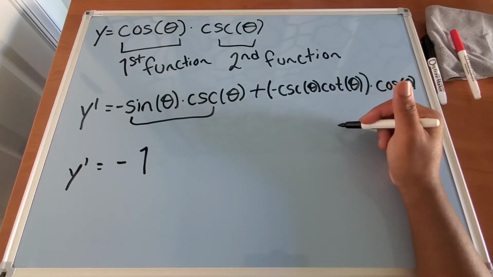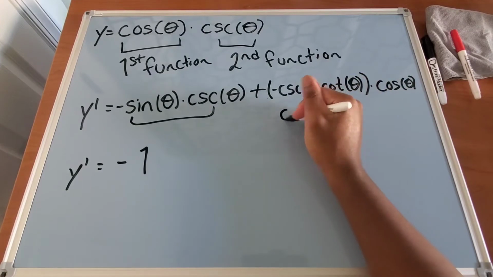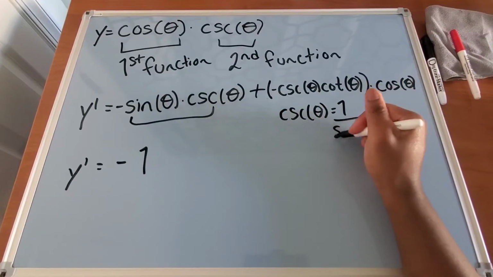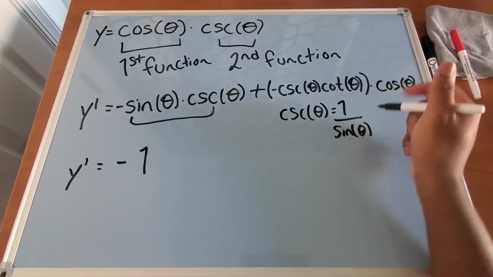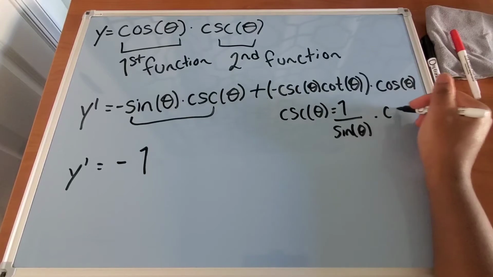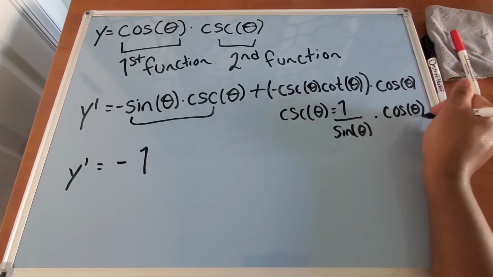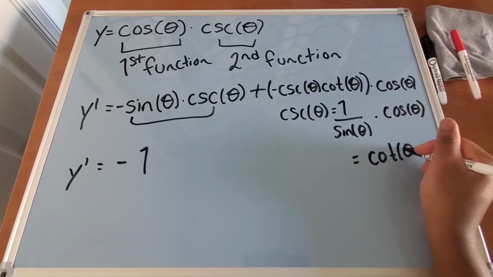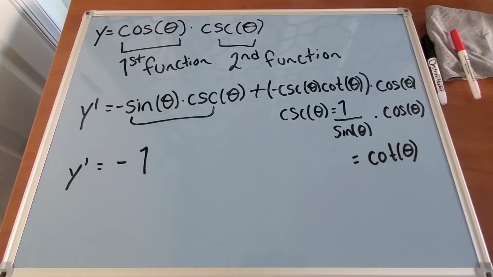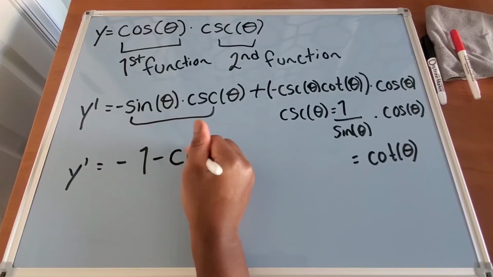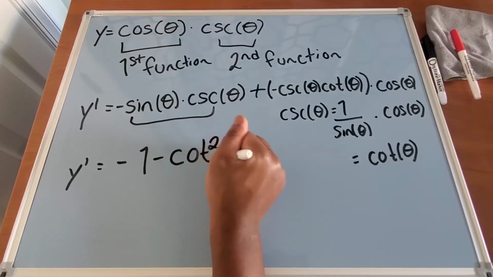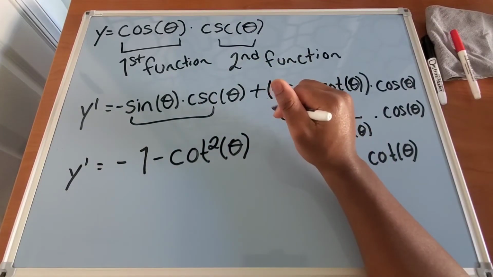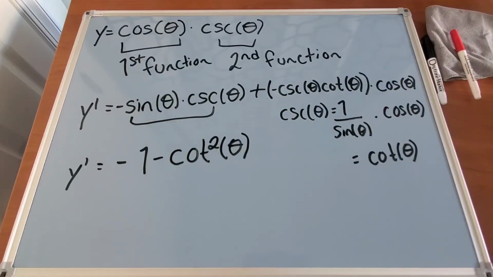We can say that cosecant of theta is equal to 1 over sine theta, and then we have 1 over sine theta times cosine theta. So that gives us cotangent theta. So we can say this other half here is minus cotangent squared theta. And then I guess if you really wanted to, you could factor out a negative 1 and do a trig identity. But I'm just going to leave this here.